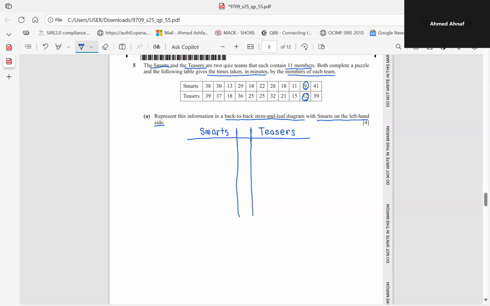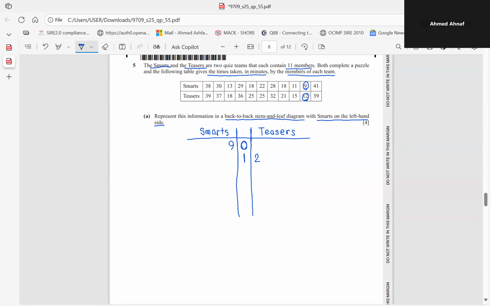For single digit numbers, I'm just going to put a 0 in the main stem, and then in the leaf, we'll just put the digit. So this represents 9 for the Smarts. And then for the Teasers, it'll be like this. We put the first digit in the stem, and then we put the second digit on the leaf.